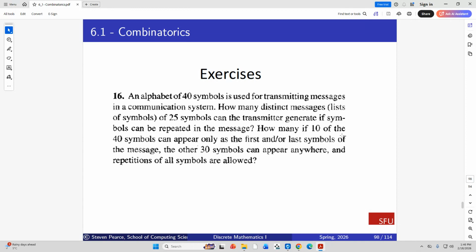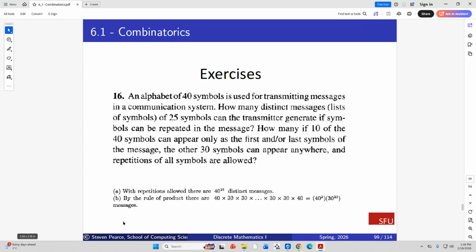How many if 10 of the 40 symbols can appear as the first and/or last symbols of the message, while the other 30 symbols can appear anywhere? With repetition allowed, there are 40 to the 25th distinct messages. So that's the permutations with repetition.